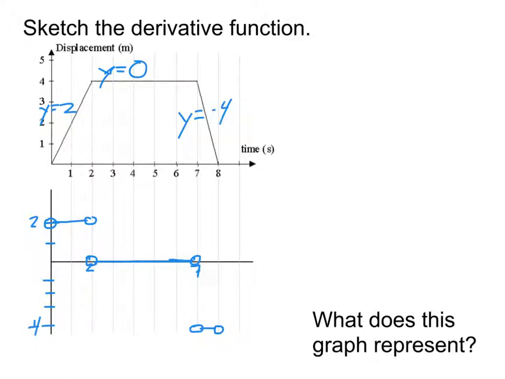One last little detail here. What does this graph actually represent? So it was the derivative of our original equation. The original equation, notice, was talking about displacement over time. If we take the derivative of displacement over time, what's that give us? Well, it's still going to be about time. But the derivative of displacement just means the same kind of idea as like position or distance.